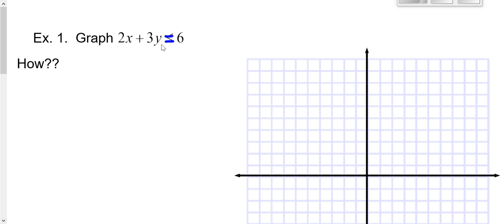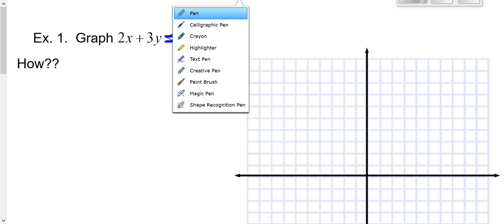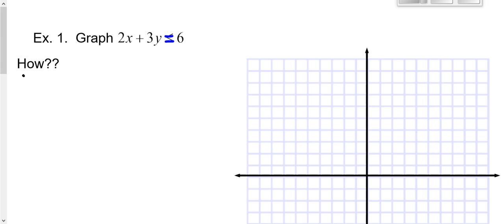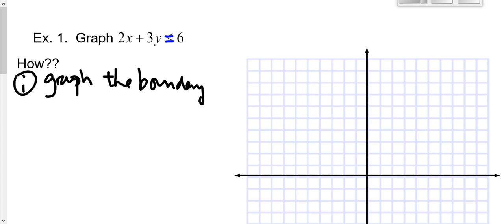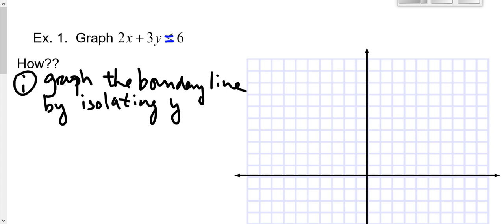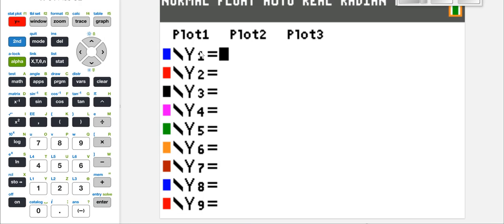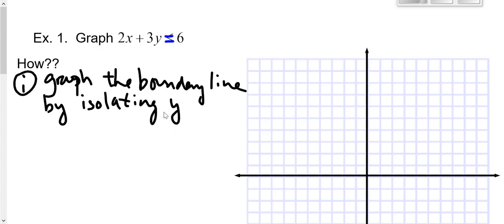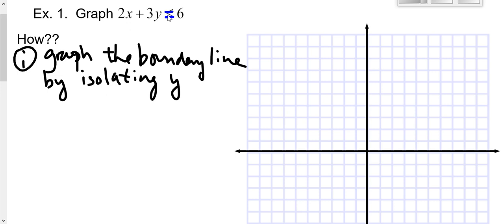So first step, graph the boundary line by isolating y, because if you look at the graphing calculator, you only have y's here. Alright, so as I told you, Chang's technique here, think of this as an equal sign.